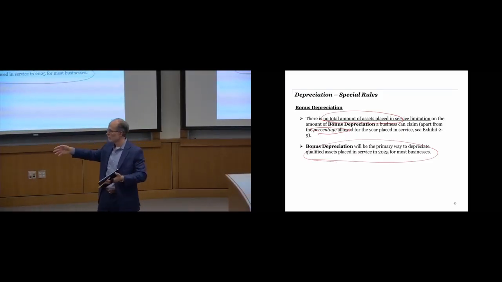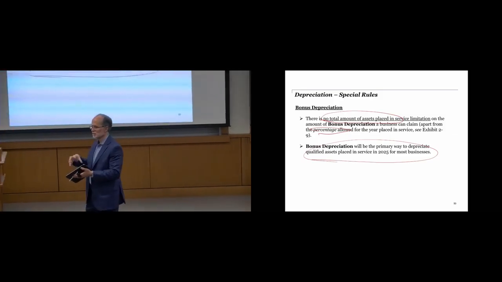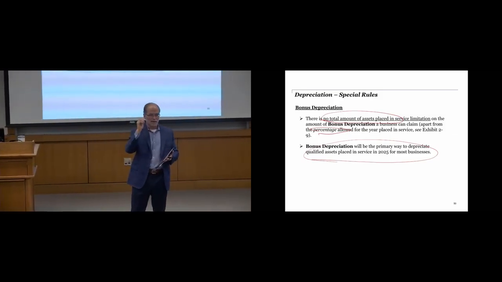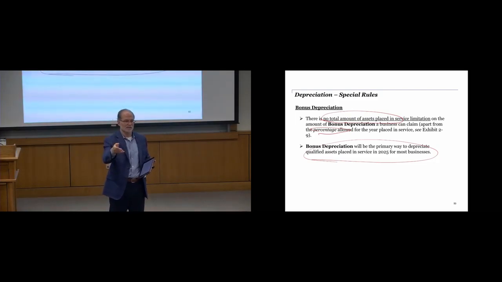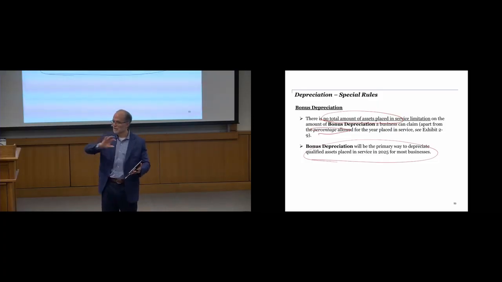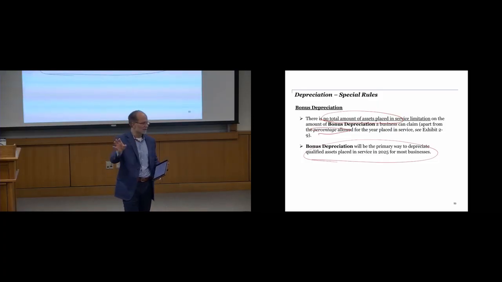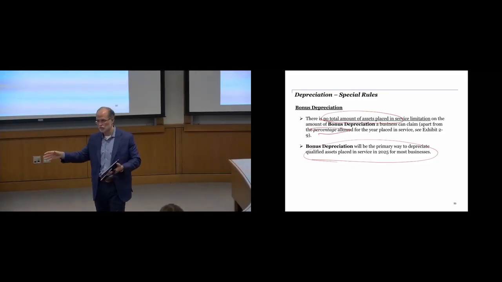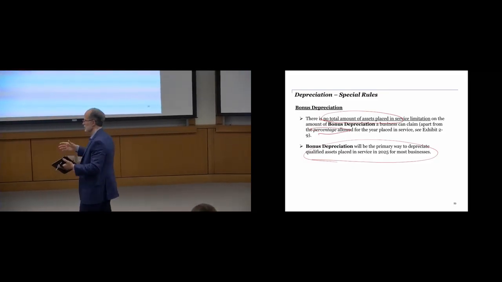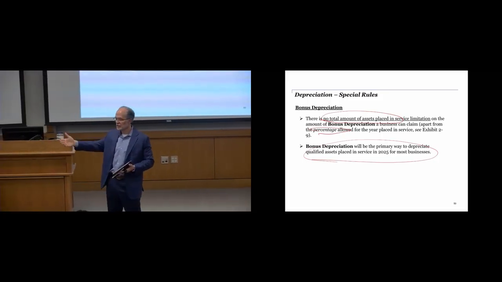These are elections. So you think, why would somebody elect this? Why would I have an election that not everybody would take if it lowers my taxable income? Well, what if I don't have taxable income? That segment of companies that are disrupted, not making money this year, or a startup that hasn't yet turned the corner to make money, in that instance, I might want to postpone deductions until the future.